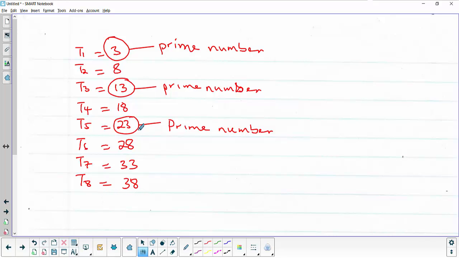So therefore, when we check very well now, we have three prime numbers.